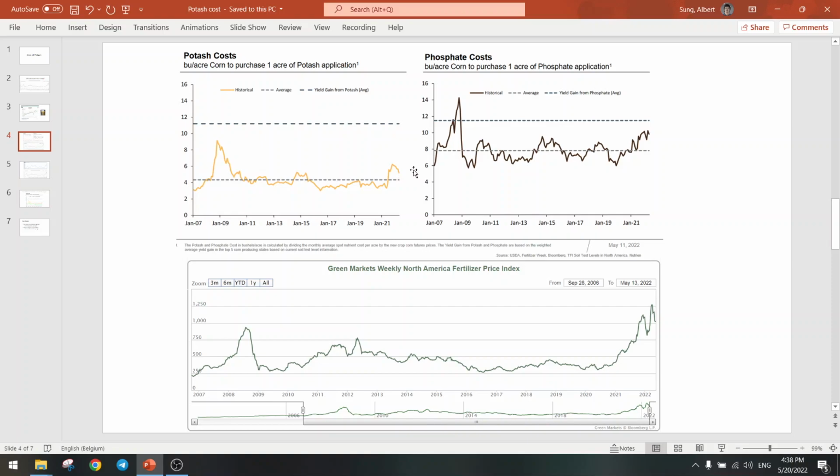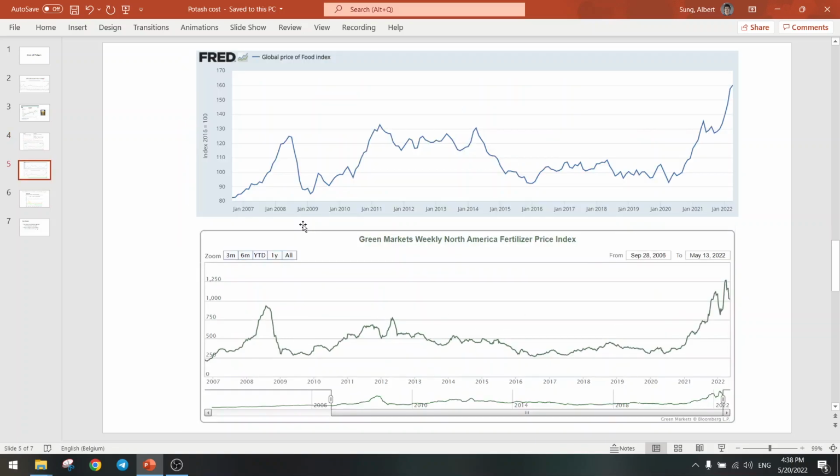Well, there is one reason for that. And you can actually look at these peaks here. Why is this peak lower while this peak is higher? Well, you need to look at the food prices. That's the clue here.